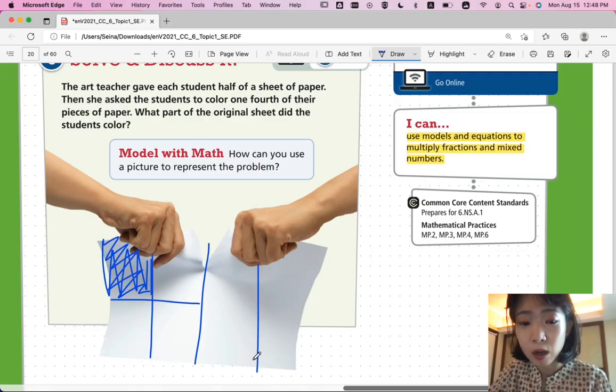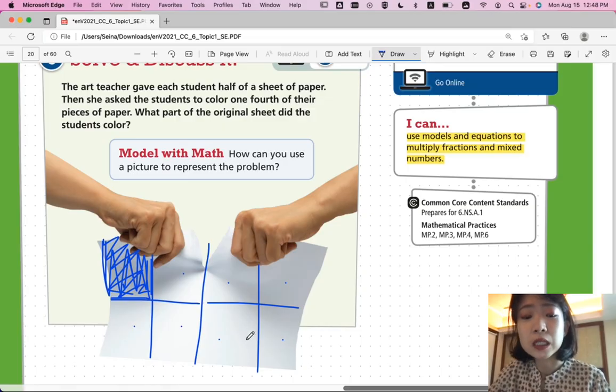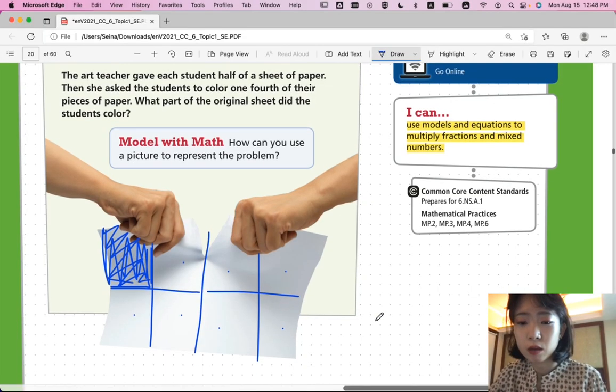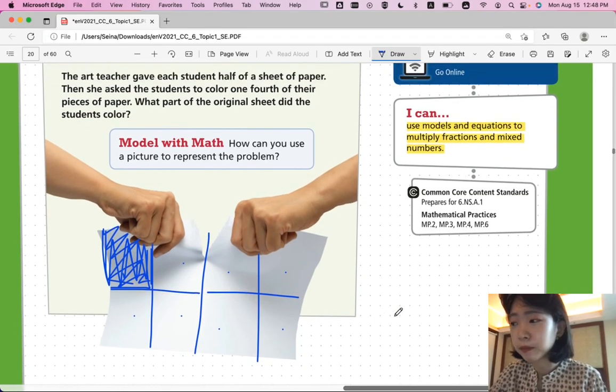So what is the fraction that it could represent? Well, see how many of the same parts we have. 1, 2, 3, 4, 5, 6, 7, 8. So this shaded area is one of the 8 pieces of the original, right?